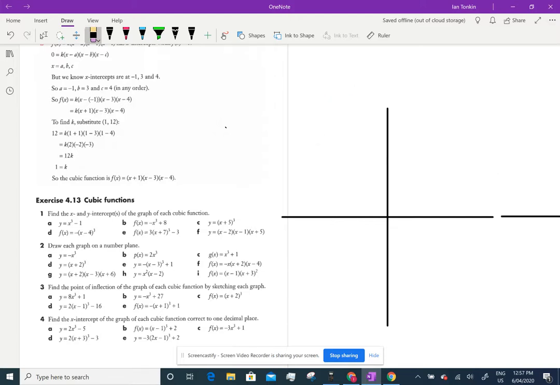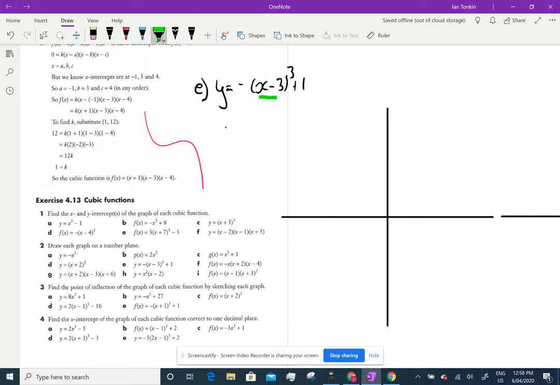Just move it. Let's have a go at E. Now, E, and that's y equals -x minus 3 cubed plus 1. Well, this is going to be a negative parabola, so it's going to look like that. And which way is it going to be moved?